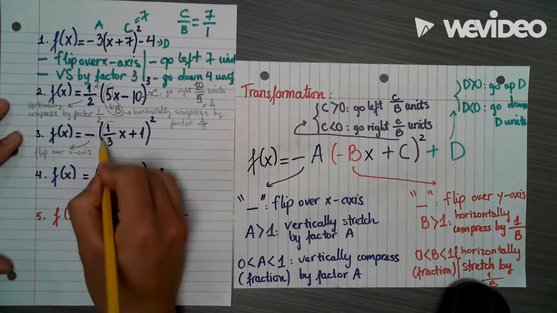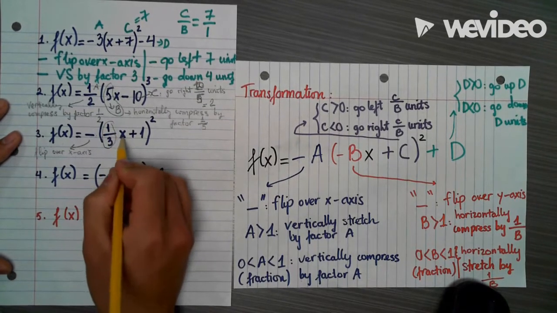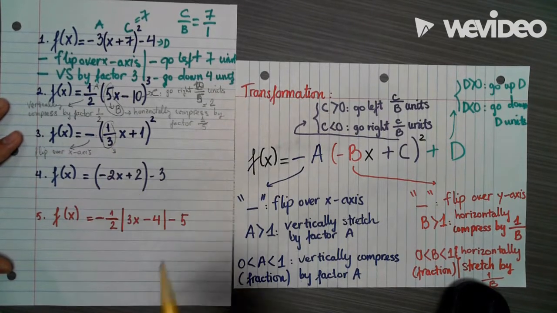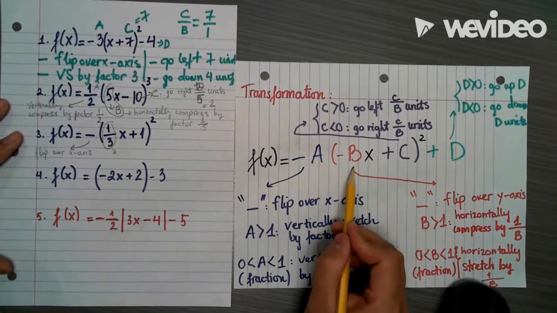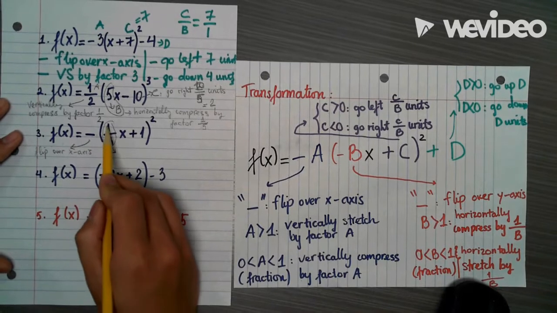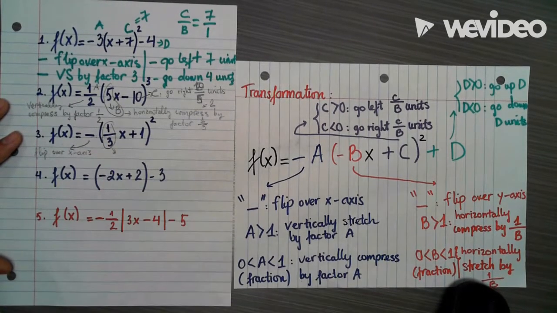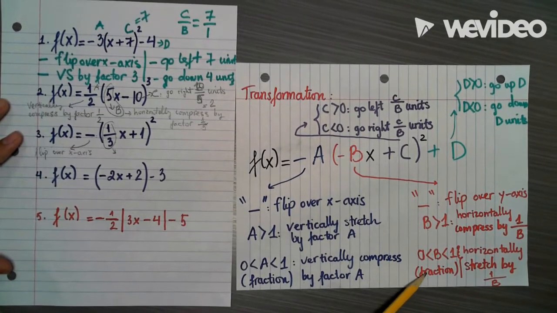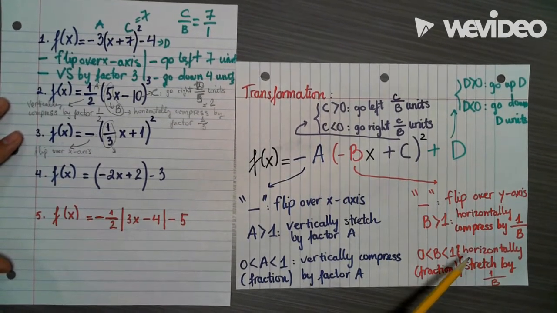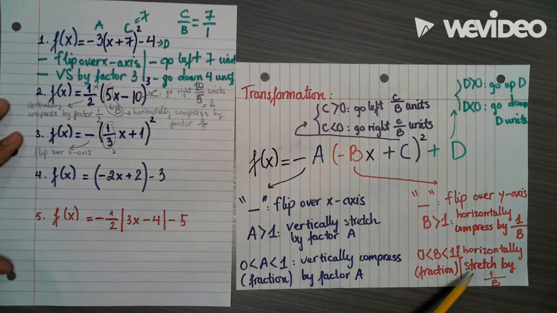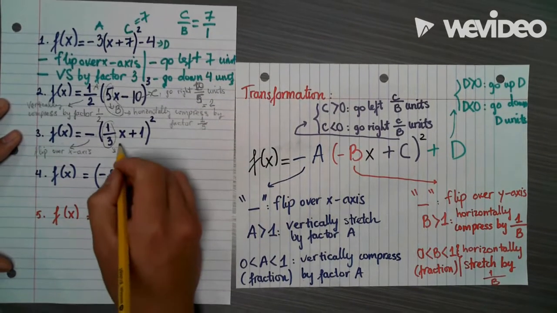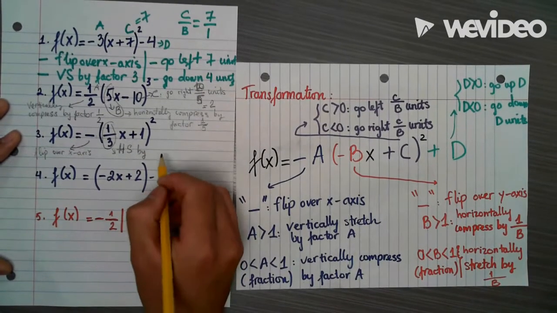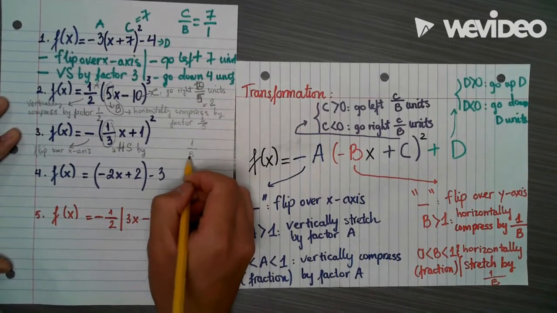Now 1/3. 1/3 is in front of x and inside the parentheses. So it is B, right? This is B. And as you can see, 1/3 is a fraction. So we're gonna just say horizontally stretched by 1 over B. 1 over B, right?